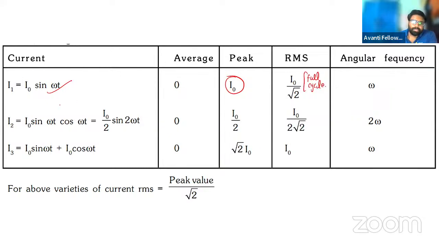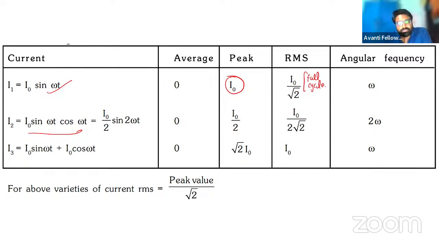But if a function like this comes into the picture, I naught sin omega t into cos omega t is equal to I naught by 2 sin 2 omega t, because we multiply and divide by 2. This becomes the sin 2 theta formula. Sin 2 theta is 2 sin theta cos theta. Similarly, sin 2 omega t will become 2 sin omega t into cos omega t.